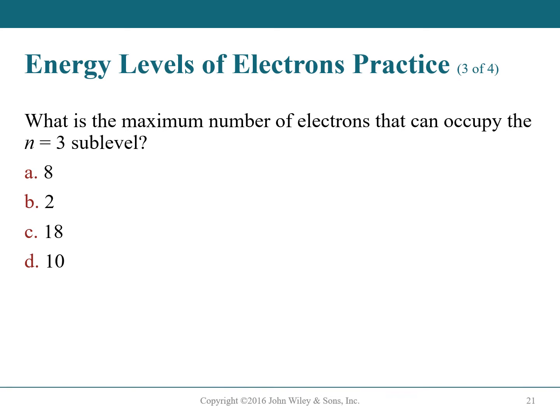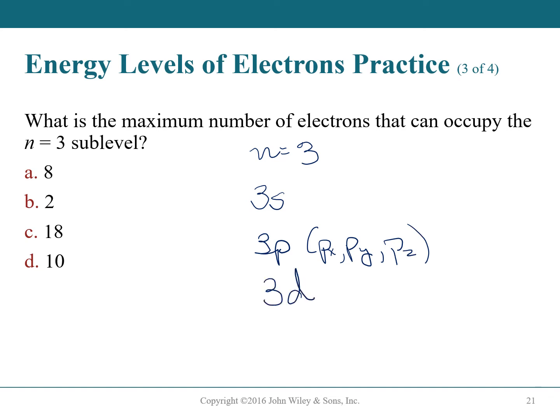What is the maximum number of electrons that can occupy the n equals 3 shell? So let's take a look. If you look at n equals 3, we have 3s, 3p, which has px, py, pz, and 3d.